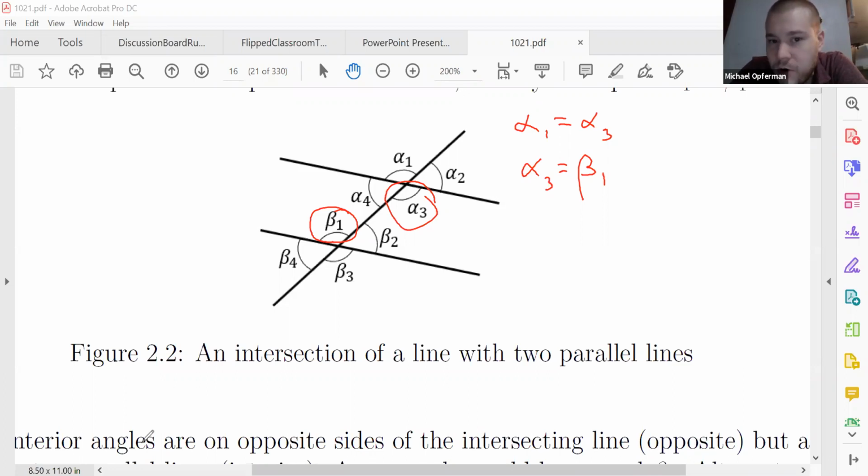So those two angles are also equal to each other. That's referred to as being alternate interior angles. Alternate because they're on opposite sides of the intersecting line, and interior because they're on the inside of the, this is the interior in here, and this would be the exterior out here. So those are alternate interior angles.